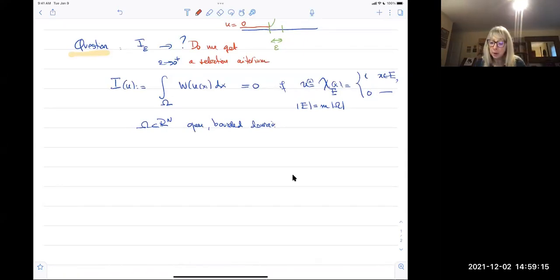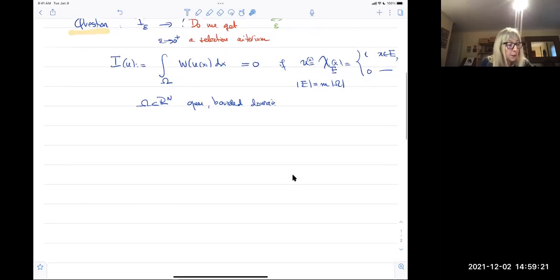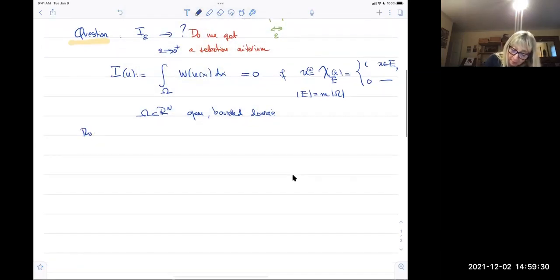This process will identify, among all possible such u's, a particular one. Okay, so the program, which I kind of announced before, if you wish, the roadmap, goes like this.